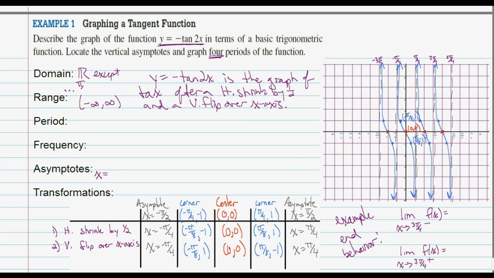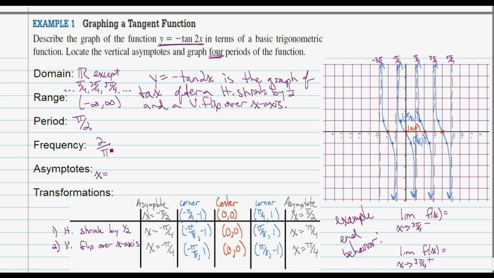So I can pick pi over 4, 3 pi over 4, 5 pi over 4, dot, dot, dot. The period of a normal tangent curve is pi. Now this has been horizontally shrunk in half, so this is going to be pi over 2, which leaves the frequency at 2 over pi.